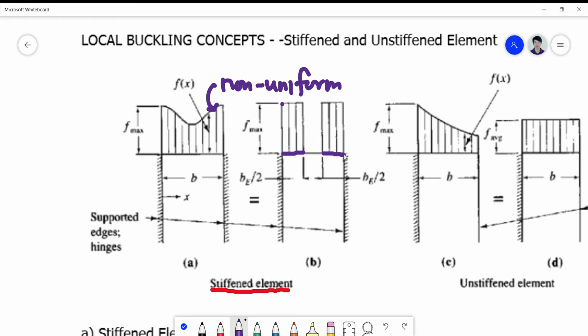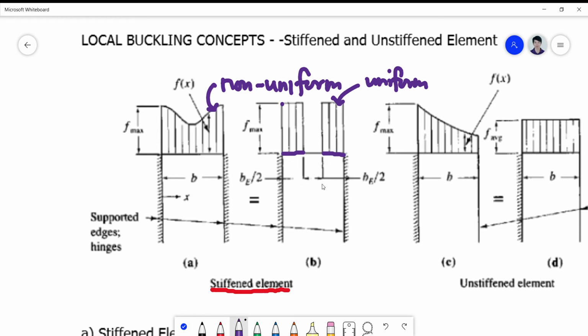In this case, these are coming from the edges up to very near the mid of your plate element, thereby assuming that the total force induced in this system is equivalent to the force induced in this system by assuming a uniform distribution but reducing the width of the plate element to what you call an effective width.